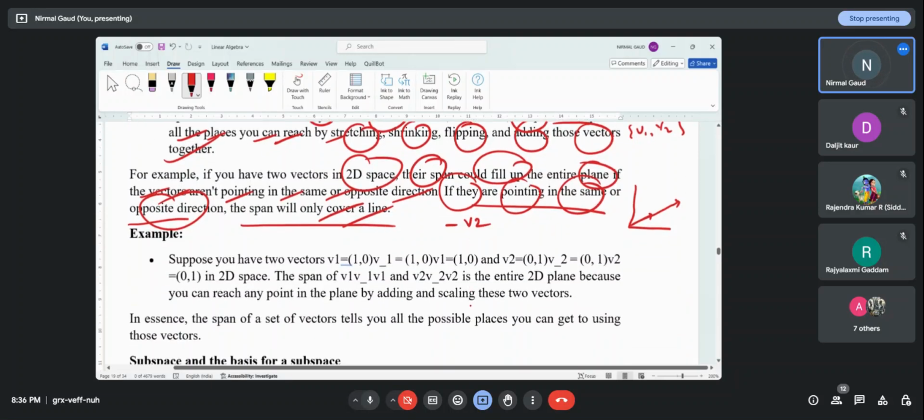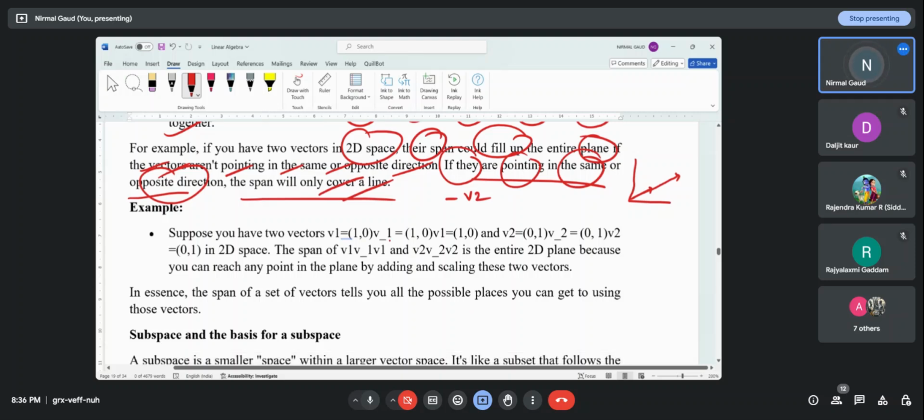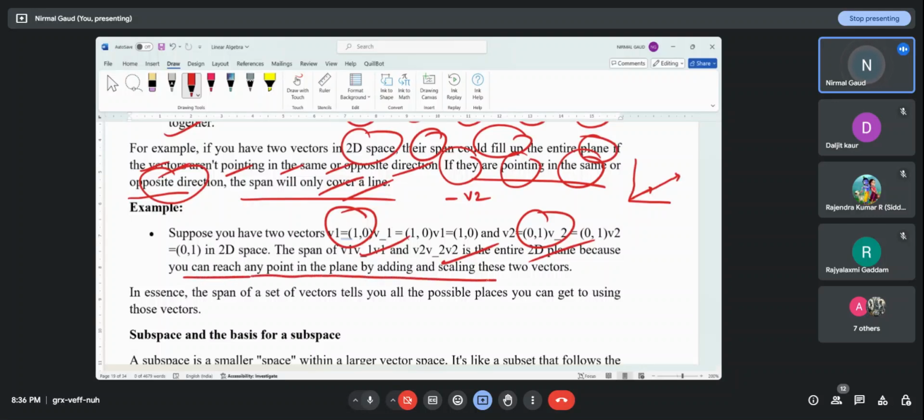Here, if we are having two vectors, v1 (1, 0) and v2 (0, 1), something like this, the span of these is the entire 2D plane because you can reach any point in a plane by adding or scaling these two vectors. If we can reach any of the points by this operation, then we consider them a span.